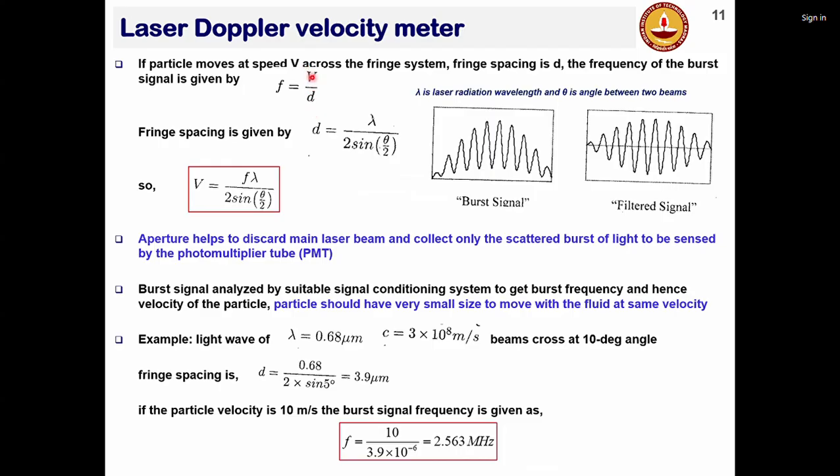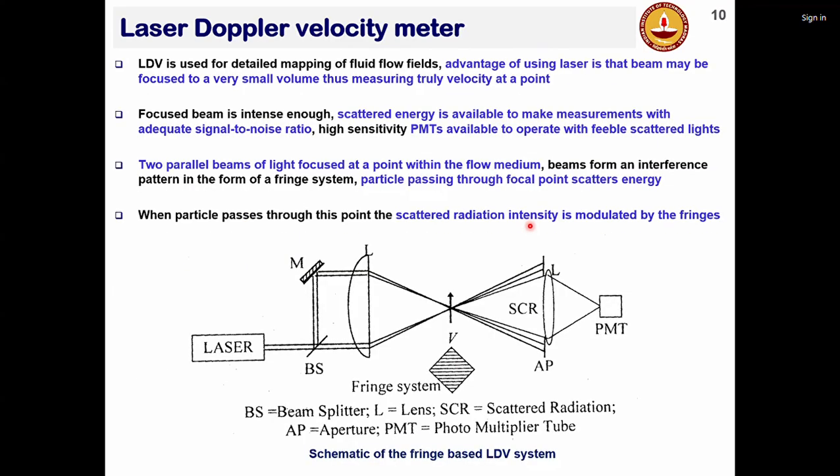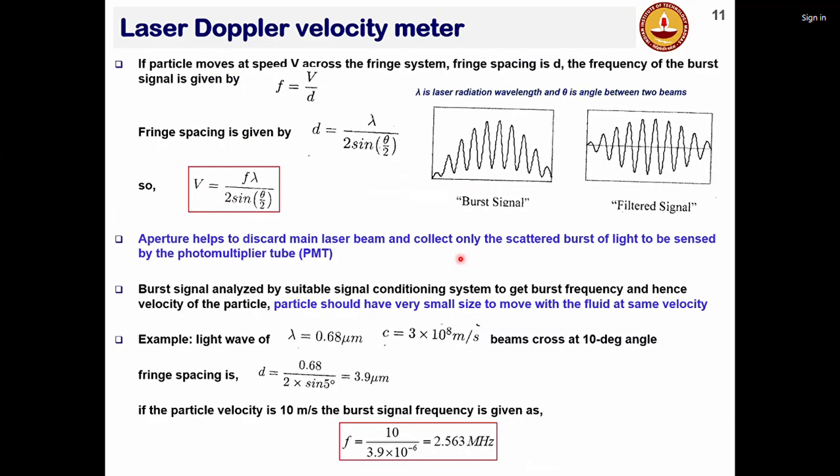V is the velocity at which the particle is crossing. D is the spacing between adjacent fringes. So this is the frequency of this signal that is collected by the PMT, considering D is the spacing between these two adjacent black lines, and V is the particle velocity crossing the beam.